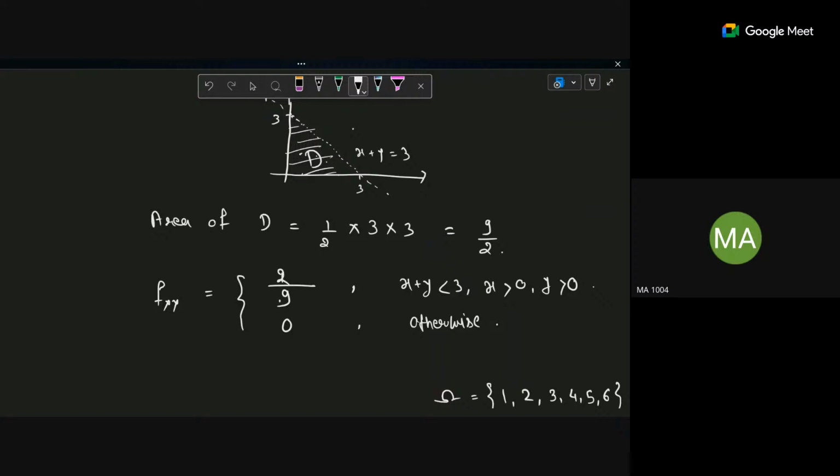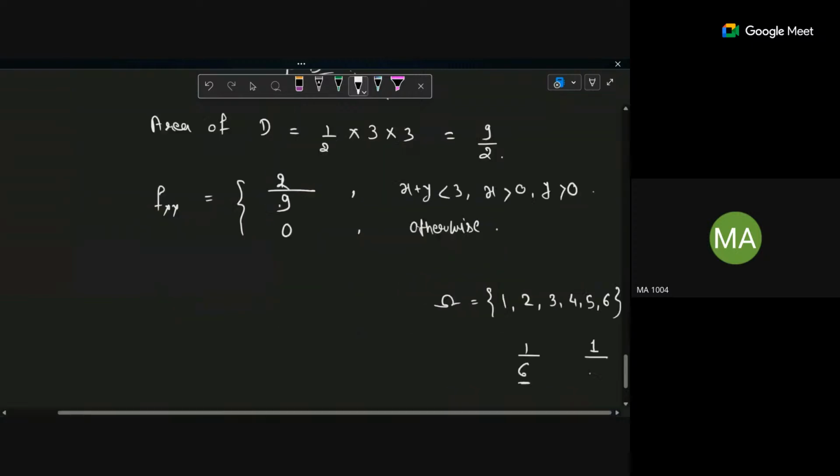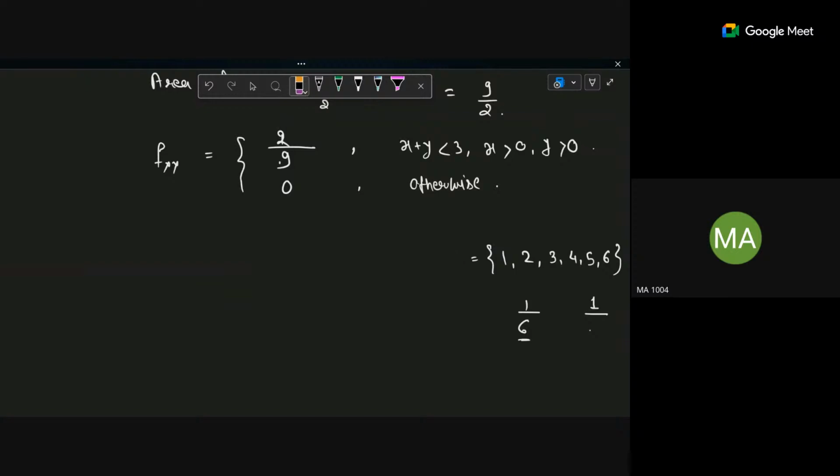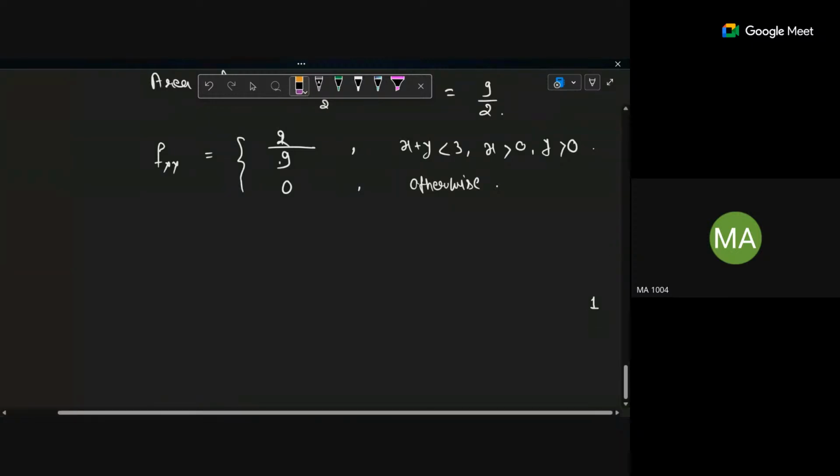As it is a continuous random variable, but still a joint one, we can find it in some manner. What is the joint probability that x is taking some particular value and y is taking some particular value? You will just fix that point upon the total area. Here, what will be your total count? Area. Fine.